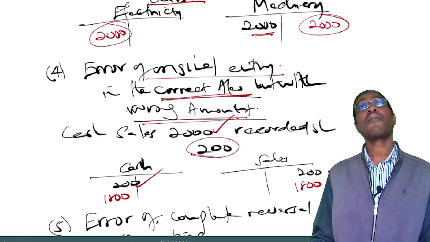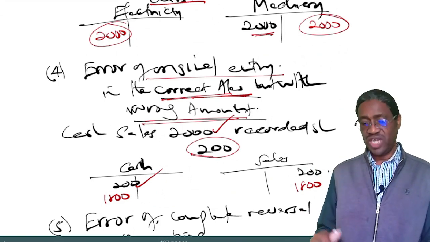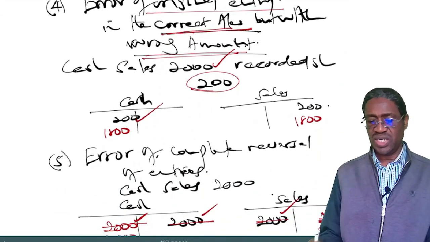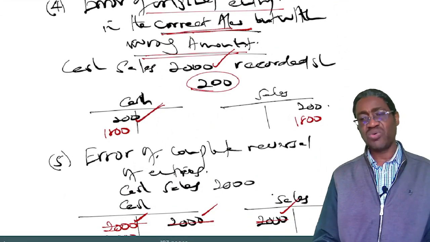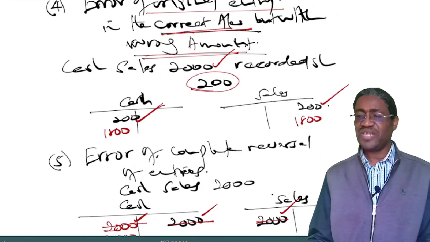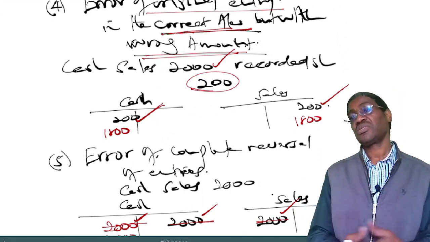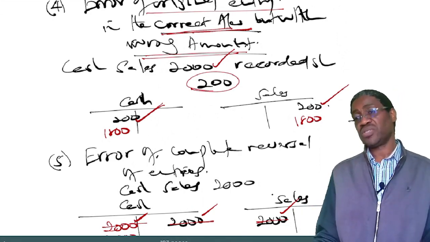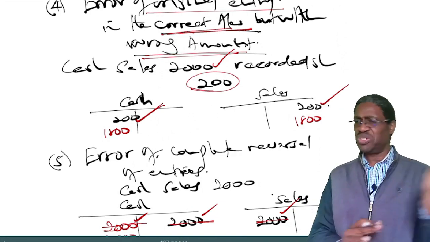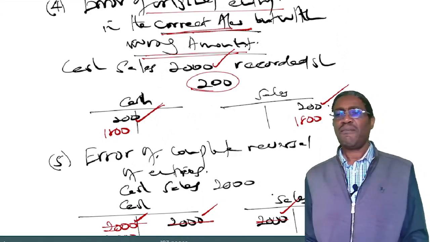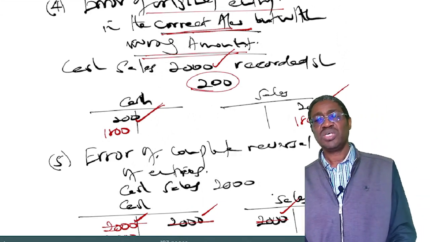Good. Of course, I talked about how to correct it. You can see it here. We debited cash by 200. We credited sales by 200. But it was supposed to be 2,000. So we increased the amount with whatever the amount. It could be to reduce. It could be to increase, whatever it is. But ours in this illustration is to increase.